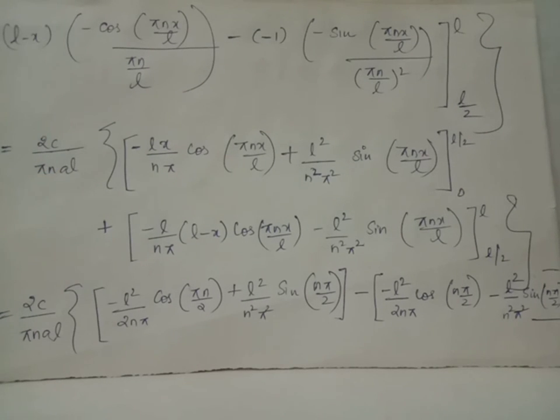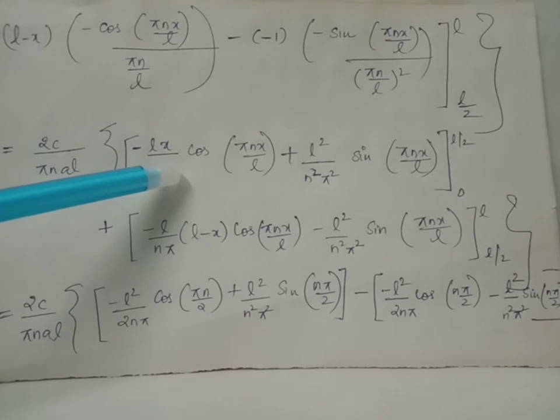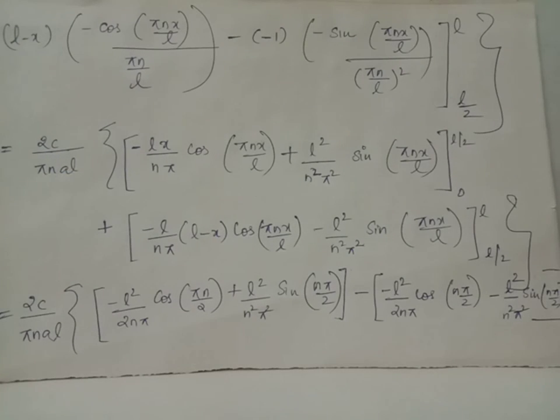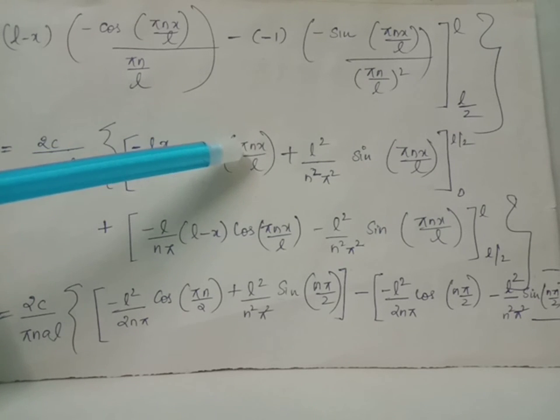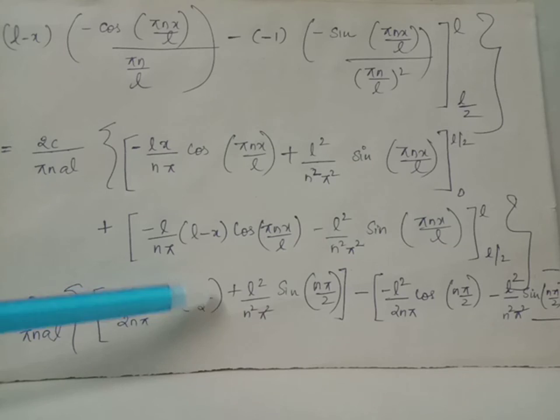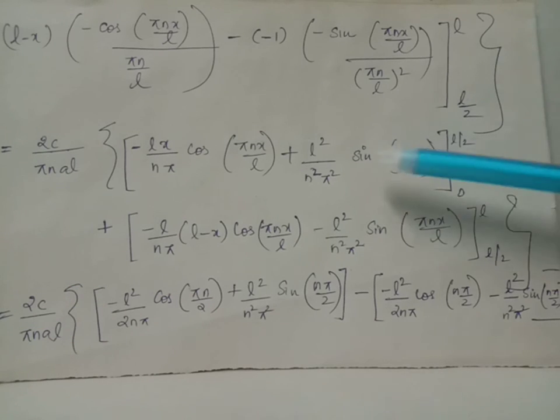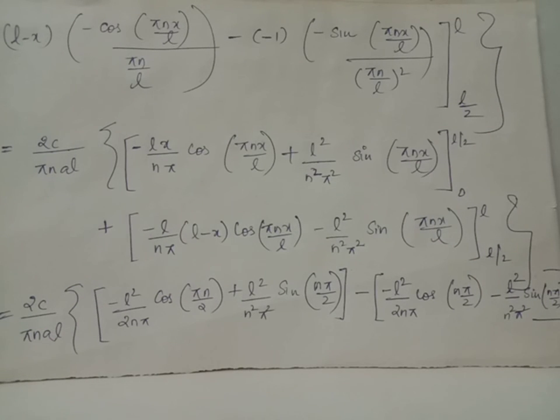When you give upper limit L by 2 to these two terms, you can see that this term becomes negative L square by 2 n pi cos pi n by 2, because when you give x equals L by 2 here, this pi nx by L becomes pi n by 2. Similarly, this term becomes, when you give x equals L by 2, L square by n square pi square sin n pi by 2.